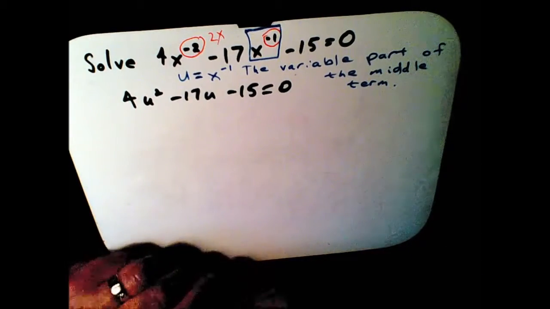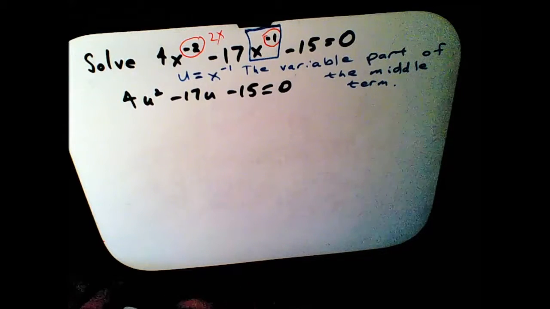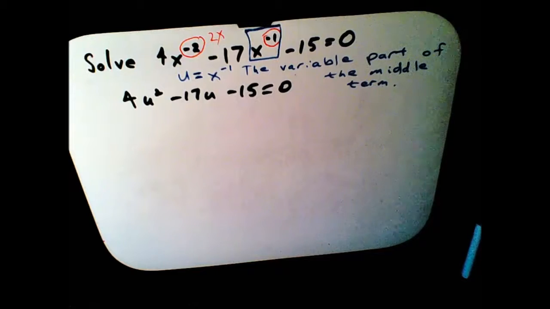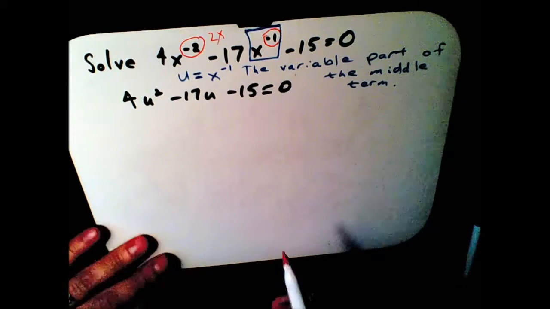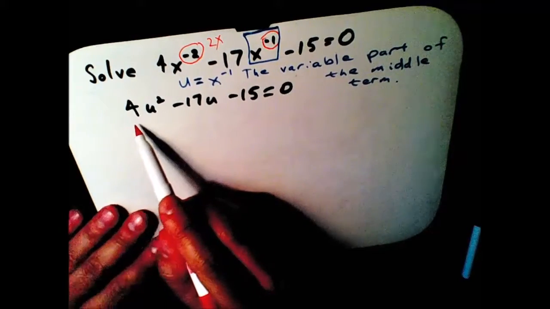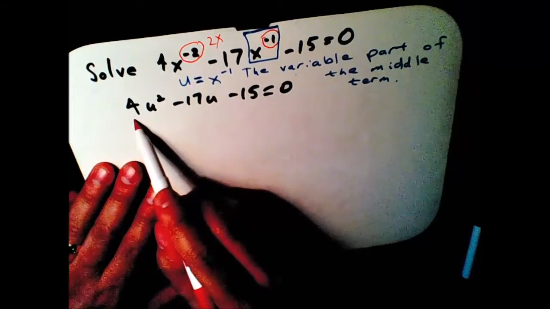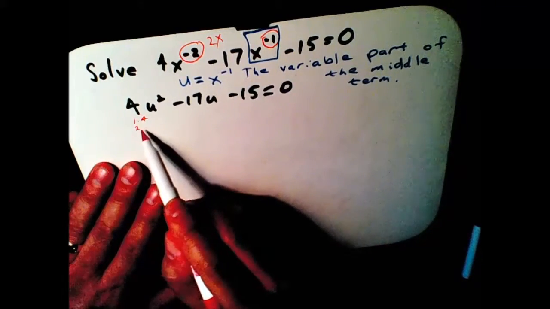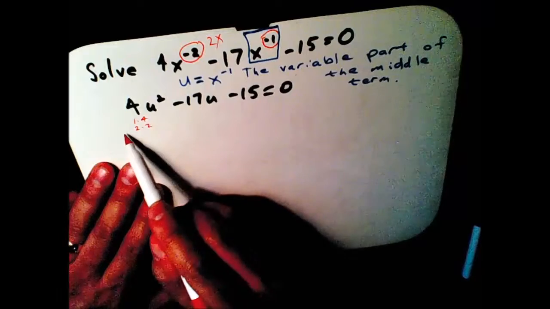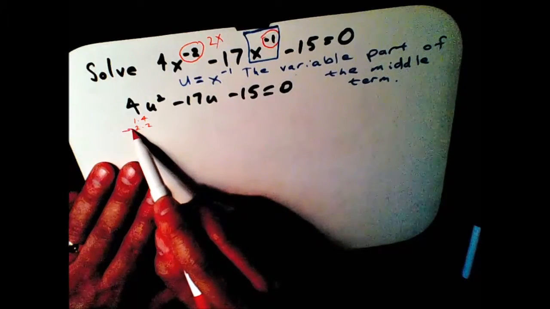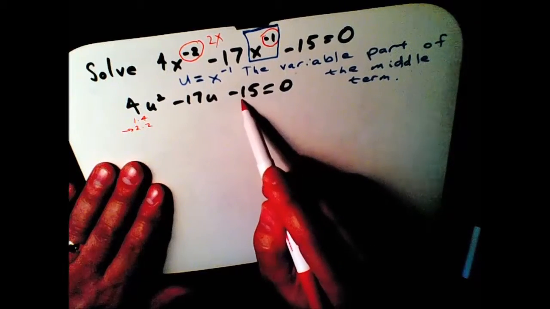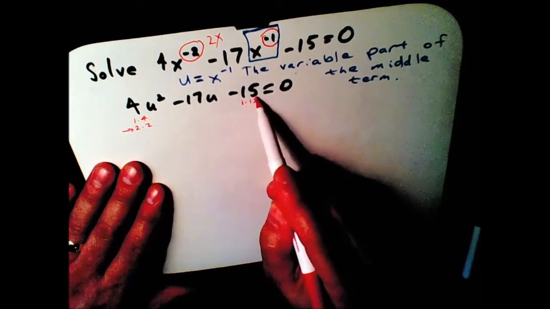Okay, so let's solve this, and we're thinking maybe it's going to factor, and if it doesn't, we'll be happy to go right to the quadratic formula. But let's see. If it factors, we're either going to have a 4u and a u, or maybe a 2u and a 2u. We generally start at the bottom and work our way up. The factors of 15 are 1 and 15, 3 and 5.